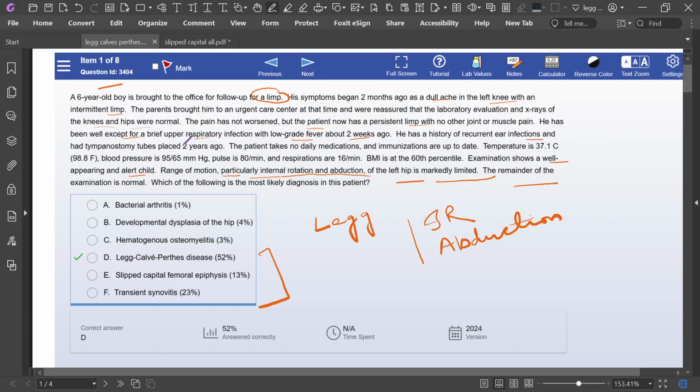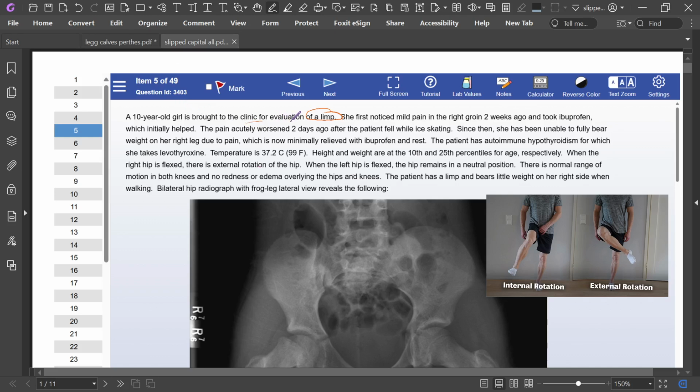Again the patient comes with a limp. First, she noticed mild pain in the right groin 2 weeks ago and took ibuprofen.